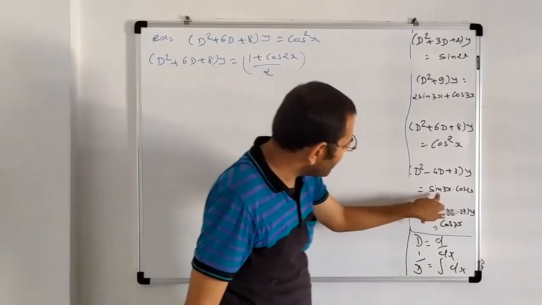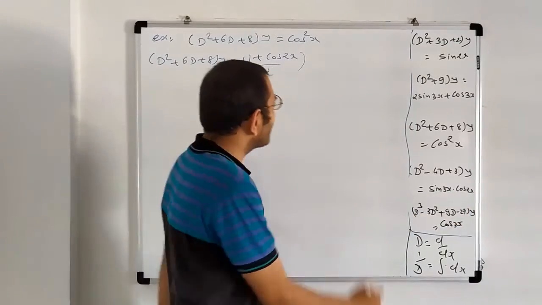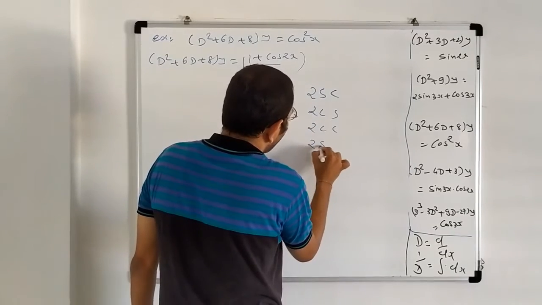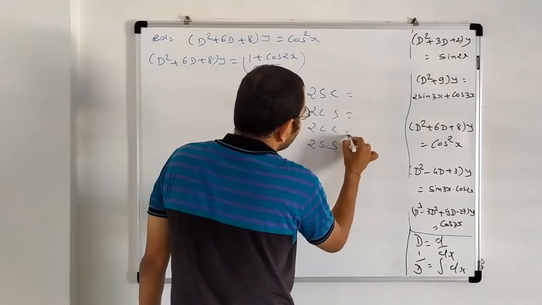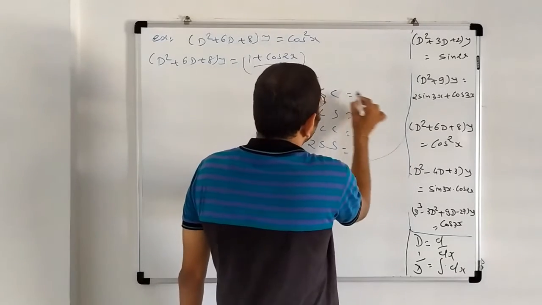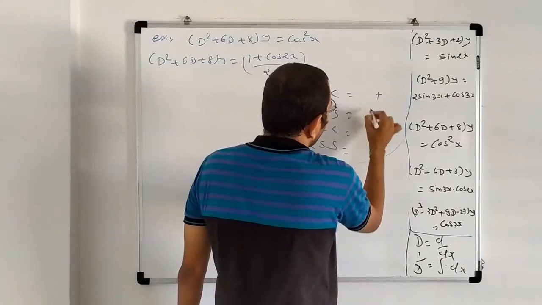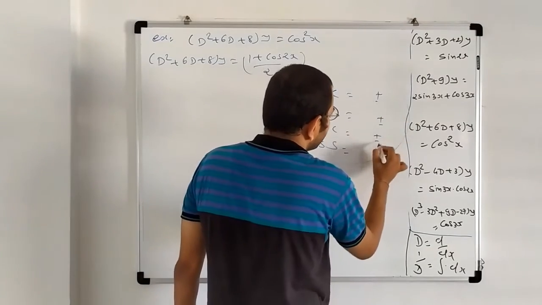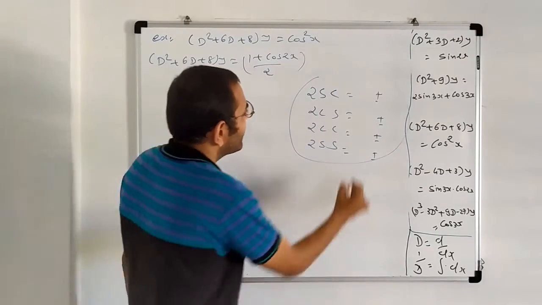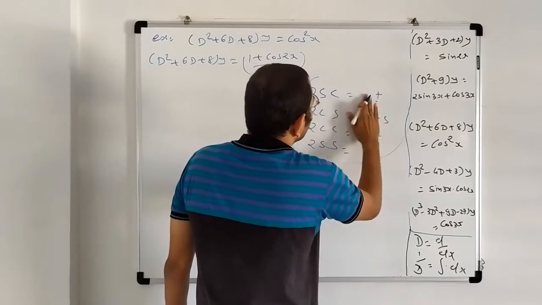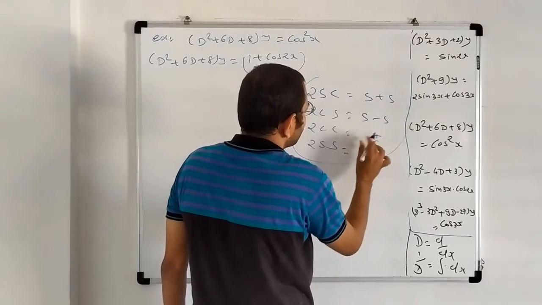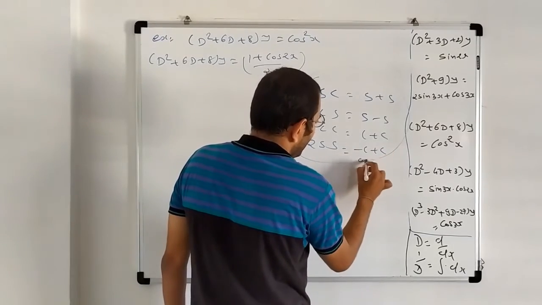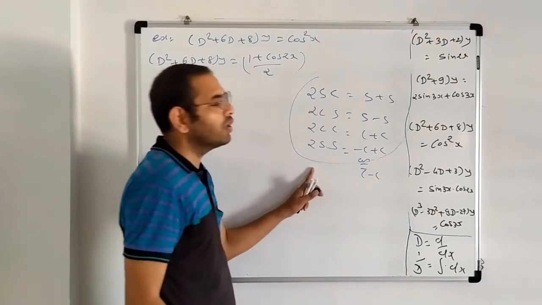In an example like sin 3x into cos 2x, we apply the 2sc, 2cs, 2cc and 2ss formulas. With the help of these formulas, we convert our product form into addition or subtraction form. 2cs is s minus s, 2sc is s plus s, 2cc is c plus c, and 2ss is minus c plus c, or c minus c, whatever you get.